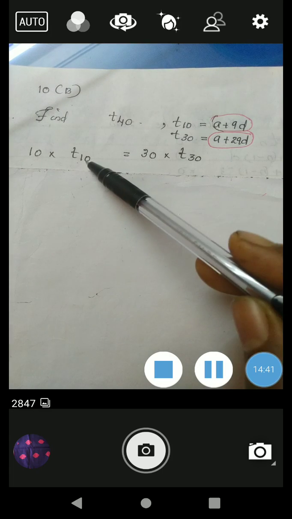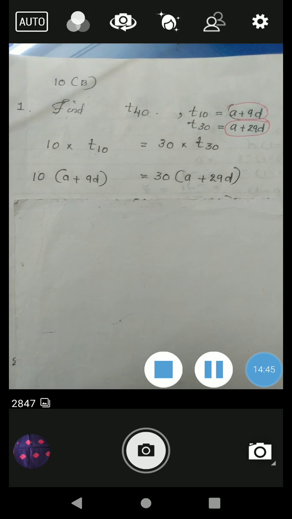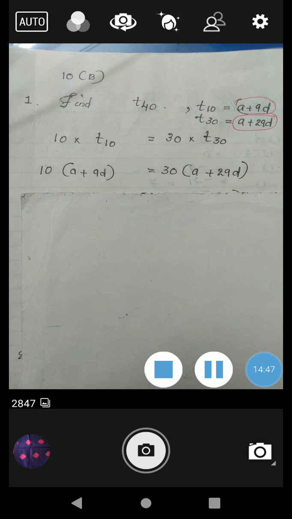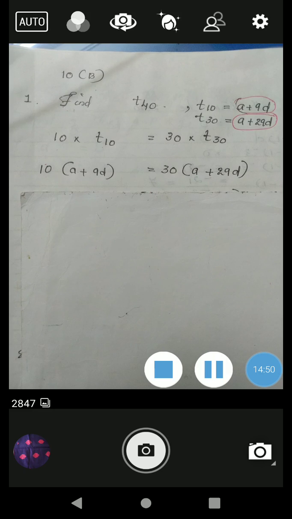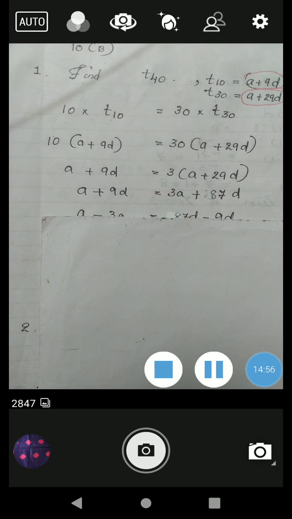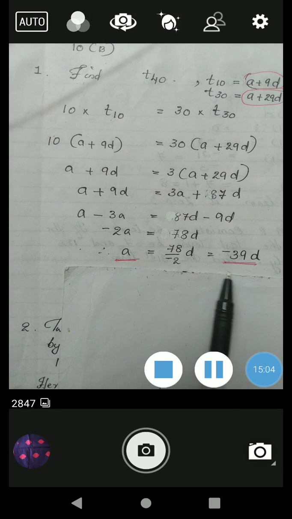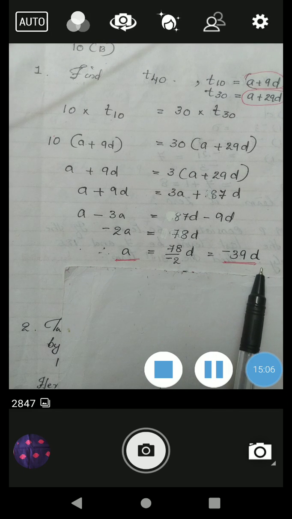Substitute those values here. You will get either A or D in terms of the other. When you simplify, you can see A is equal to minus 39D. Here we cannot find A or D separately.